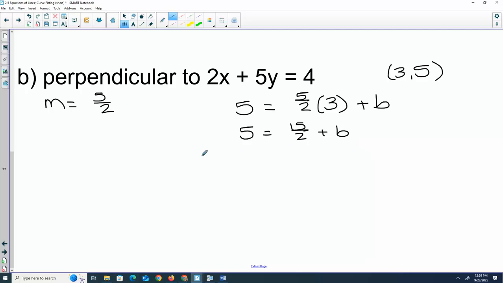You can certainly do point-slope instead here. We all get to y equals 5/2 x minus 5/2.